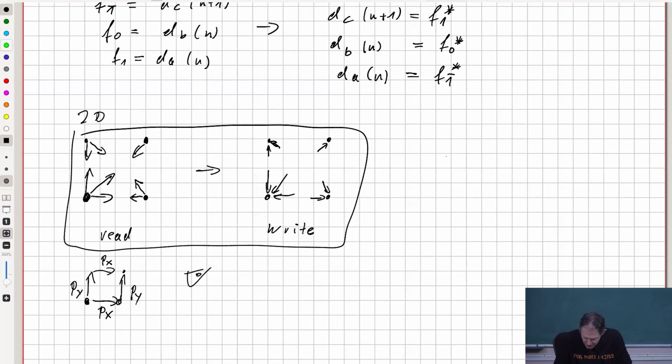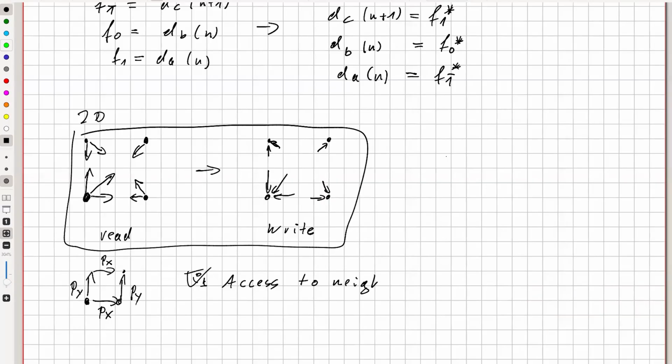As I said here, just writing a few sentences down. Access to neighbor only required in positive direction.